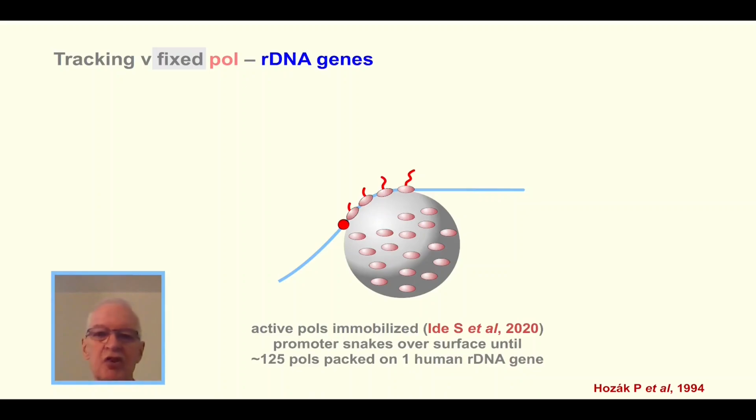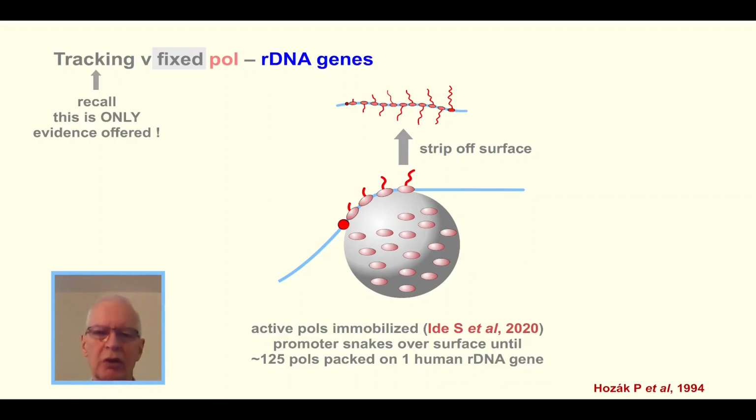So in the case of a human ribosomal DNA gene, the promoter is going to snake over the surface until about 125 polymerases have been loaded onto the template. On preparing the Miller spread, it's stripped from the surface and picked up on an electron microscope grid.